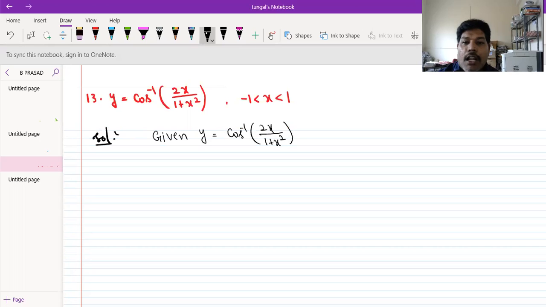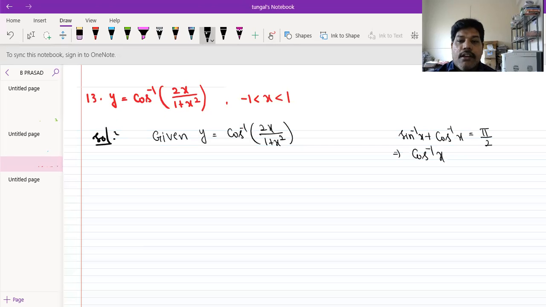Here already you know the formula: sine inverse x plus cos inverse x is equal to pi by 2. So from this, cos inverse x can be written as pi by 2 minus sine inverse x. Use this formula here.